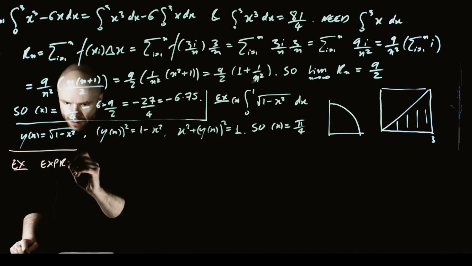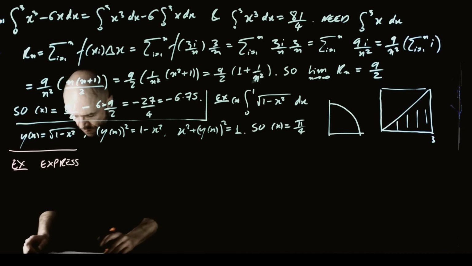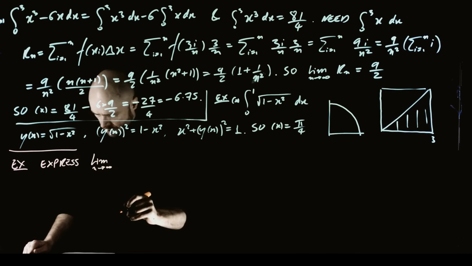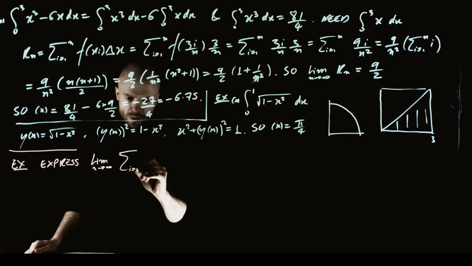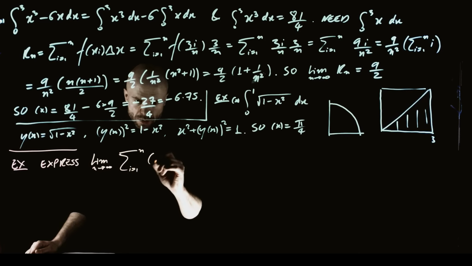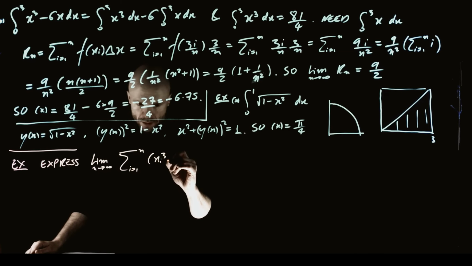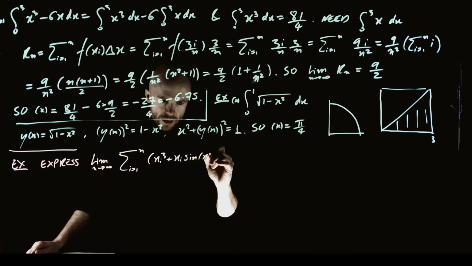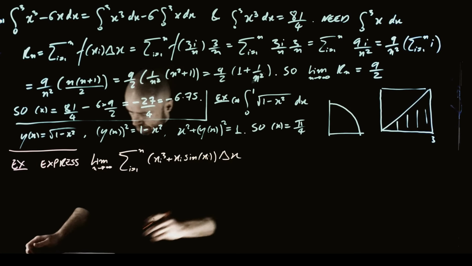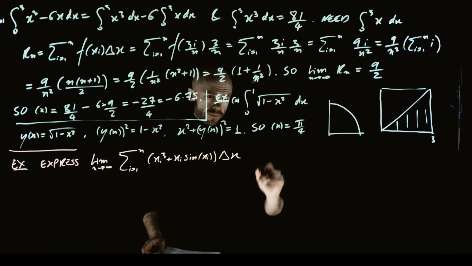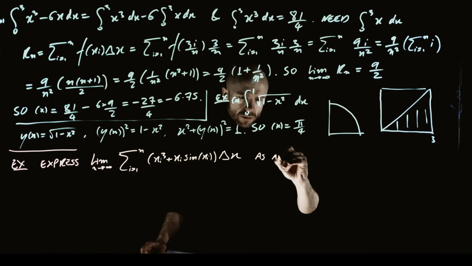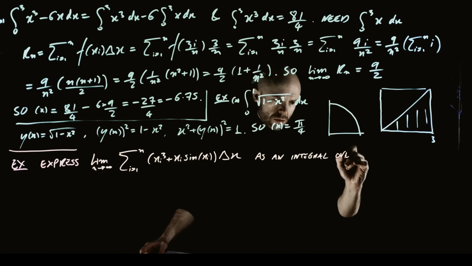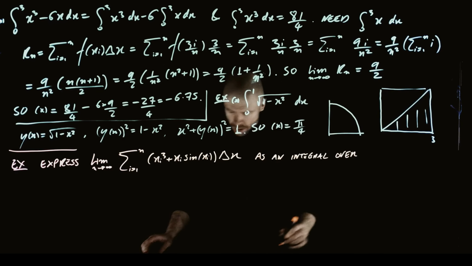Express the limit as n goes to infinity of the sum from i equals 1 up to n of xi to the 3 plus xi sine of xi, delta x, as an integral over 0 to pi.